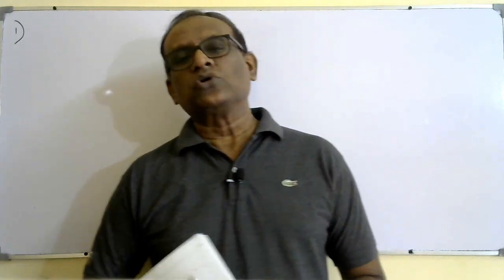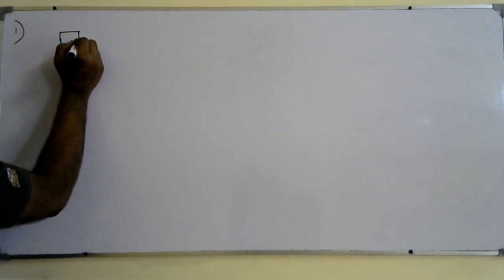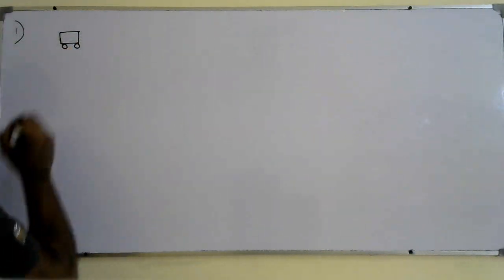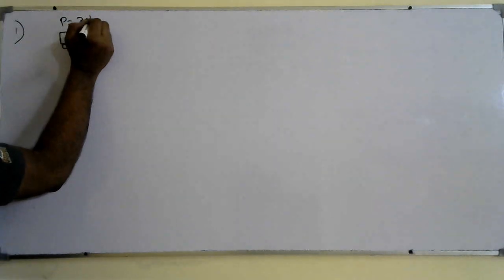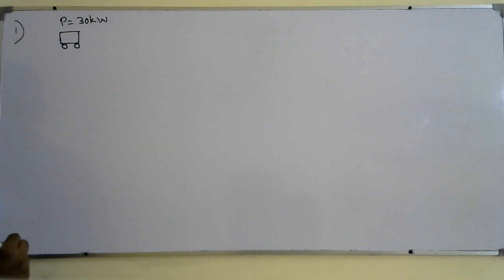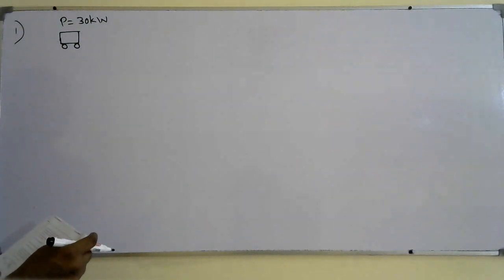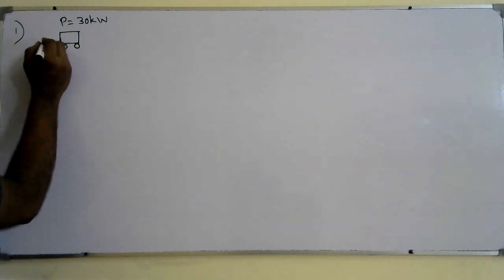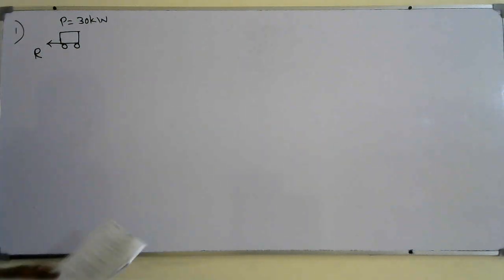Okay, so we'll show this on a diagram, whatever is mentioned here. There's a truck moving towards the right, which we'll take as the positive direction. The power output is 30 kilowatts, given there. When it is moving, there is a resistive force acting on it, that is R newtons.